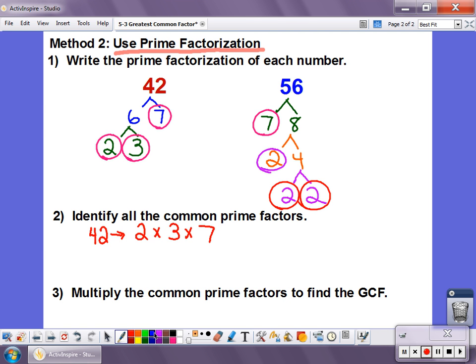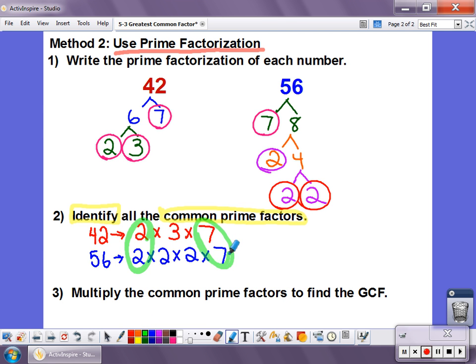And if I look at my prime factors for 56, I have 2 times 2 times 2 times 7. And so my next step here is to identify all the common prime factors. So my common prime factors, they have a common 2, and they have a common 7.